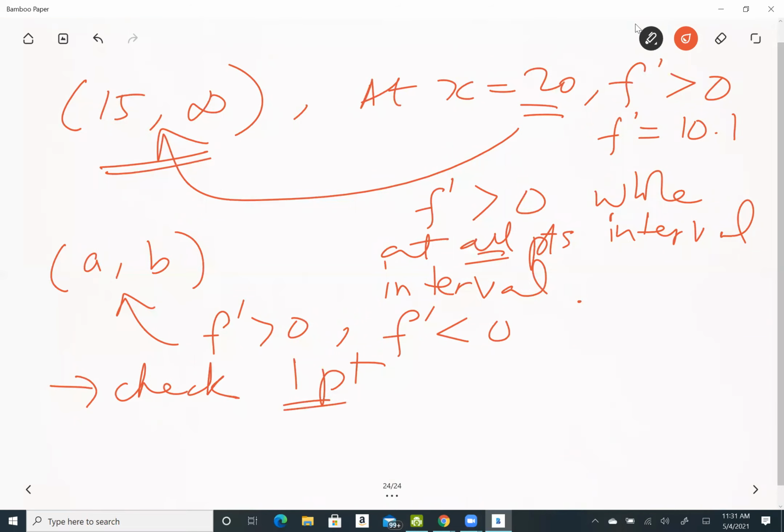You just take one point in the interval, and if the derivative at that point is positive, then f prime will be positive for the whole interval. If at that one point the f prime is negative, the f prime will be negative for every point in that interval.